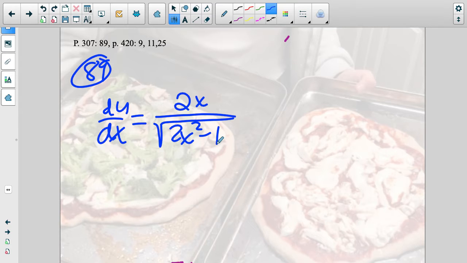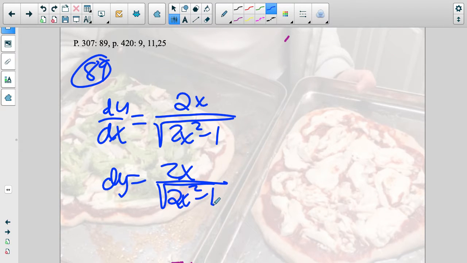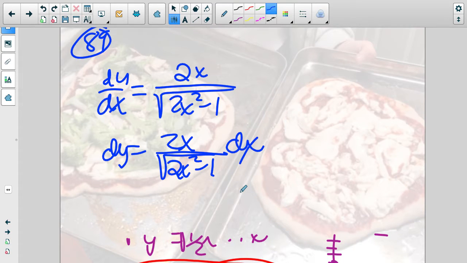I'm just going to find the original. I'm going to solve for y. So this is where separation of variables comes in. You want all of your x's, or whatever variable you're working with, to follow your variable. And I don't even have any y's to move to this side. Separation of variables. All right, then I'm going to integrate.